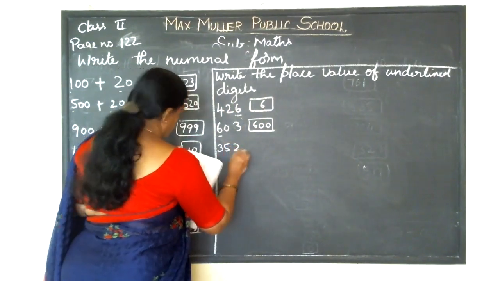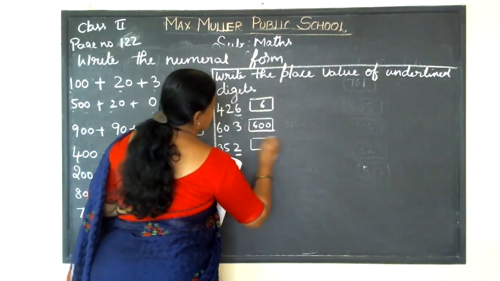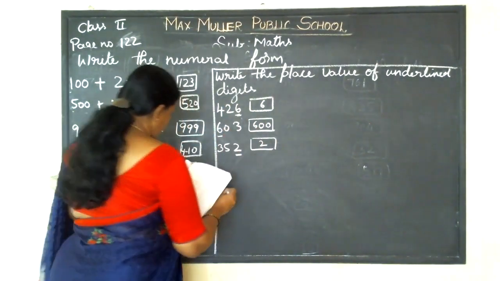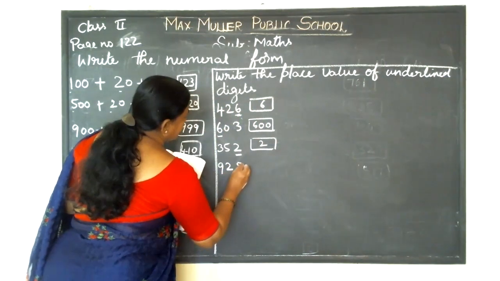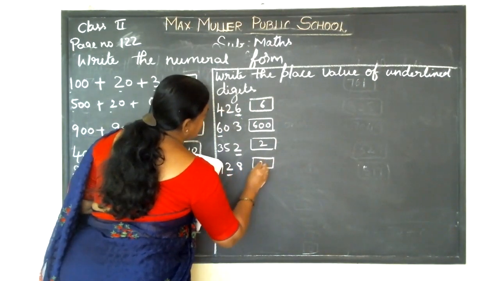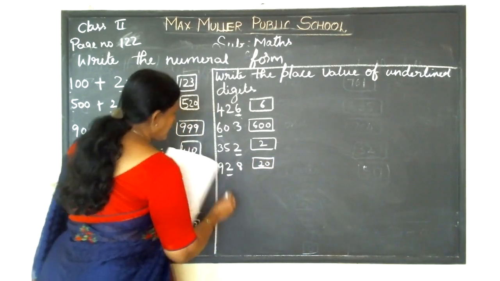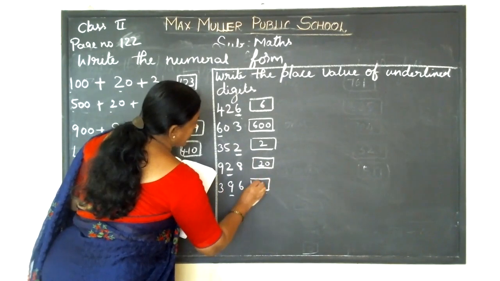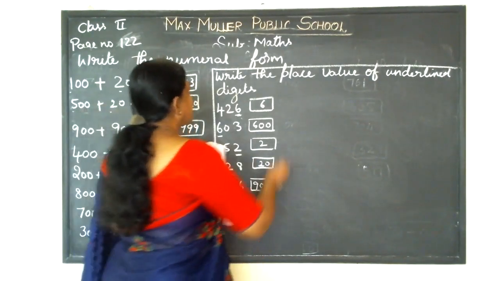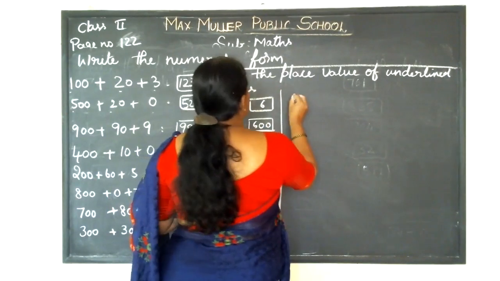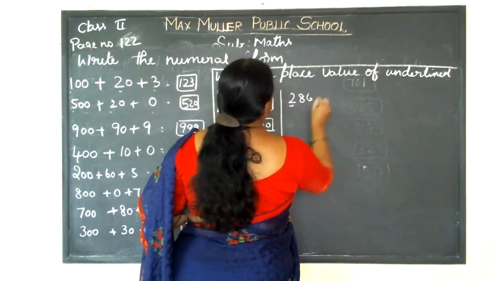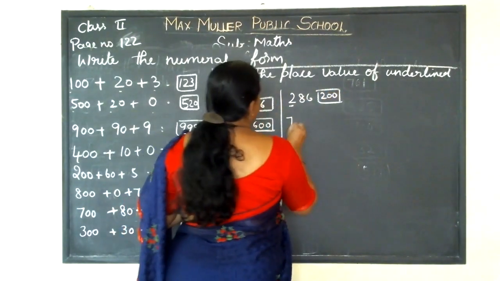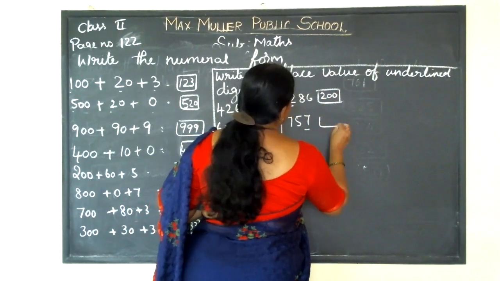352. 2 is in which place? Ones place. So you want to write as it is. 928. In this, 2 is in tens place, you want to write 20. 396. 9 is in tens place, so 90. 286. 2 is in which place? Hundreds place, so 200. 757. 7 is in which place?